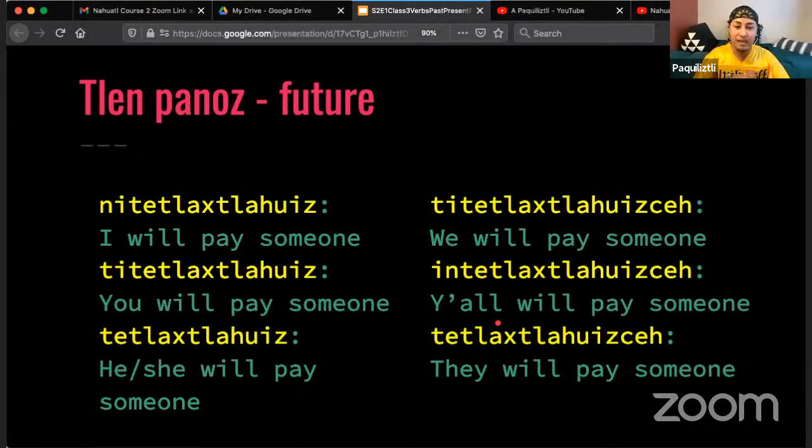Okay, so here's another example of a class 3 verb in the future tense. So I'm using the verb tlaxtlahuia to pay someone. So ni tetlaxtlahuis, sorry, I will pay someone. Ti tetlaxtlahuis, you will pay someone. Tetlaxtlahuis, he or she will pay someone.